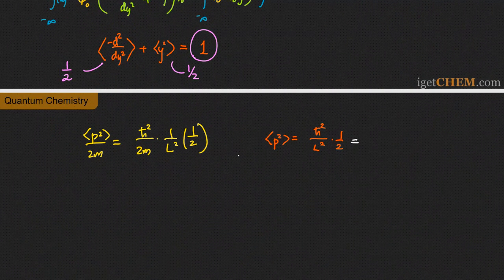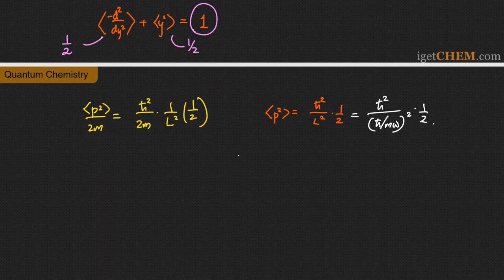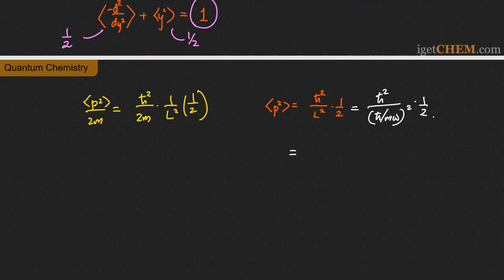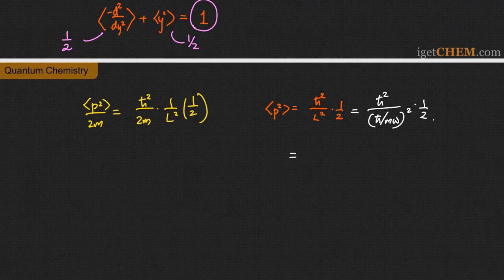So this is h bar squared, sorry, let me put the square outside, over m omega times 1/2. So just making things easier. There's no squared because L squared is just h bar over m omega.